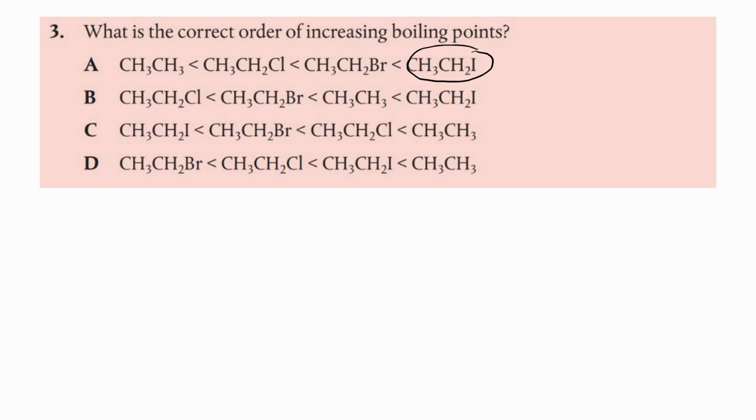So A would be your answer because you should know automatically that your ethane is going to have your lowest boiling point, so that actually cancels out B, C, and D right away, but that is the correct order.